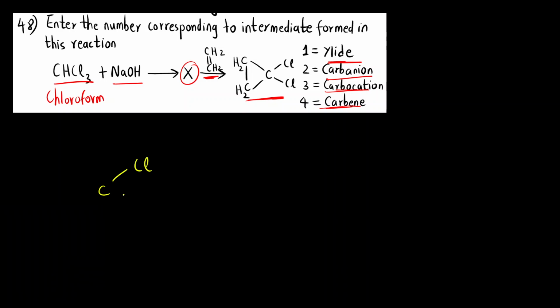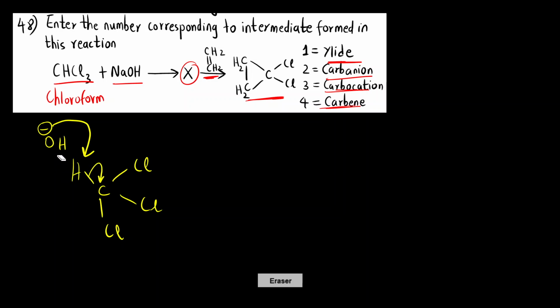This is chloroform. OH minus is a strong base, so it will abstract this proton. Proton is abstracted, so the electrons are added on the carbon, giving a lone pair and negative charge.